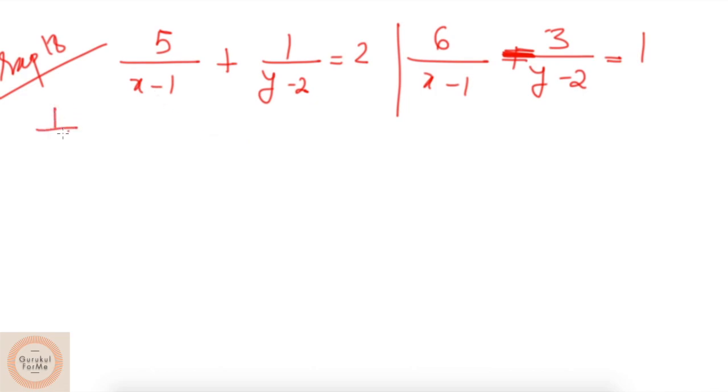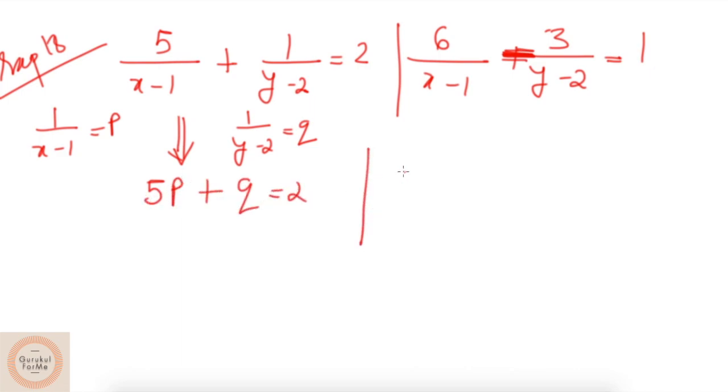Can I say that 1 divided by x minus 1 is equal to p, and 1 divided by y minus 2 is equal to q? So this equation above would become 5p plus q is equal to 2, and this would become 6p minus 3q is equal to 1.